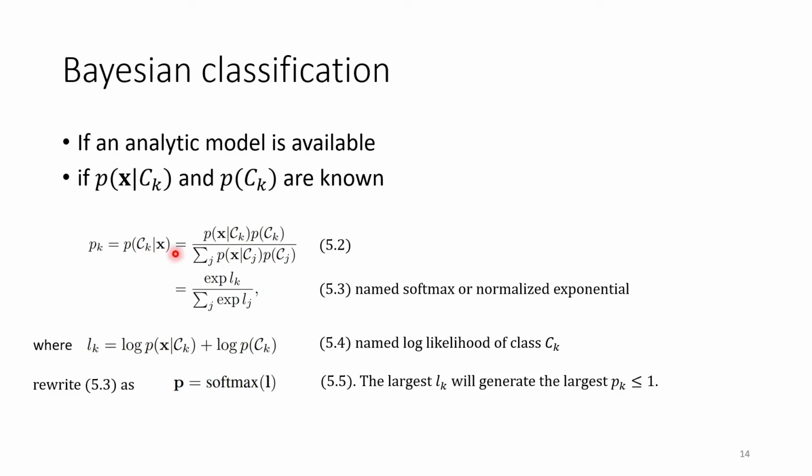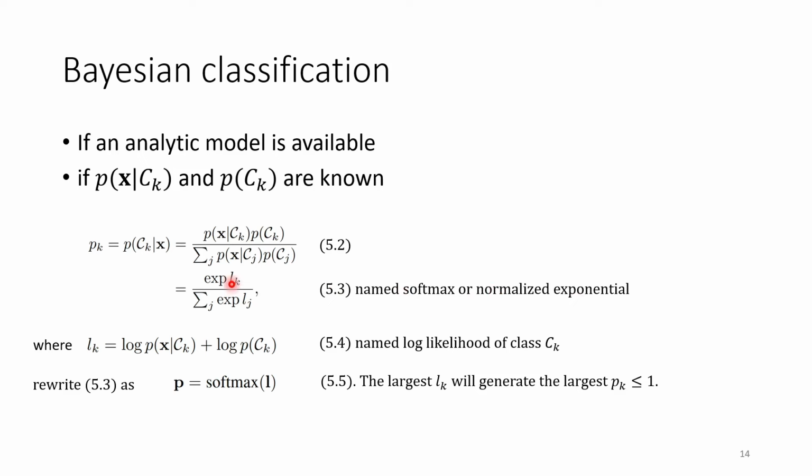as this equation. Here this is the prior probability times its conditional probability, and this is the summation over every class's probability. This equation has a name: it is called softmax, or normalized exponential.